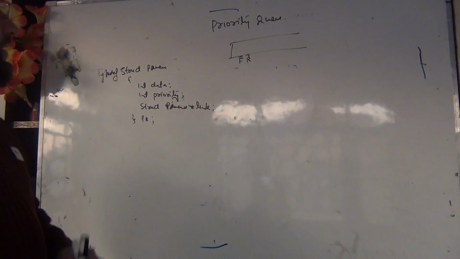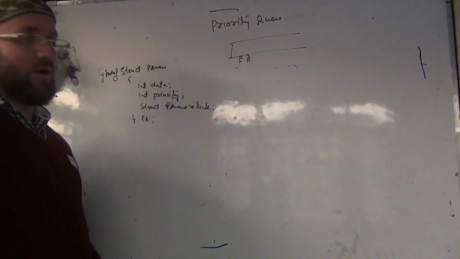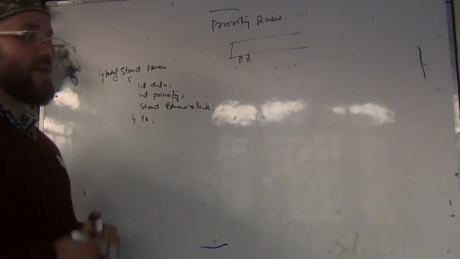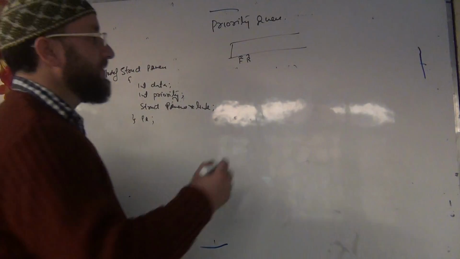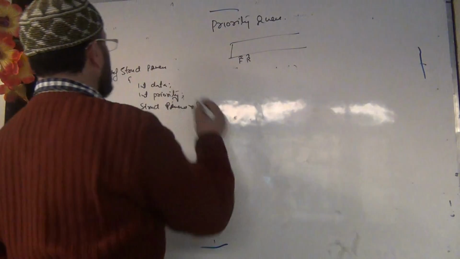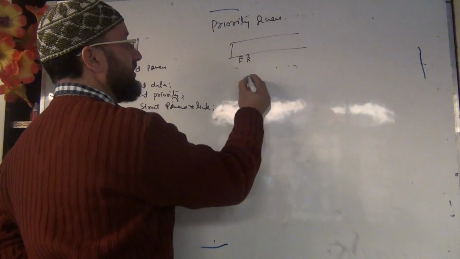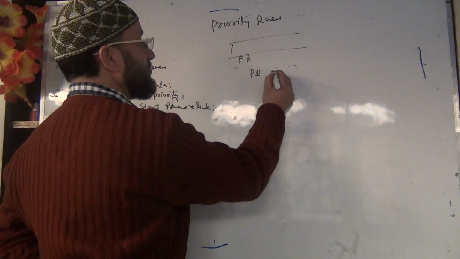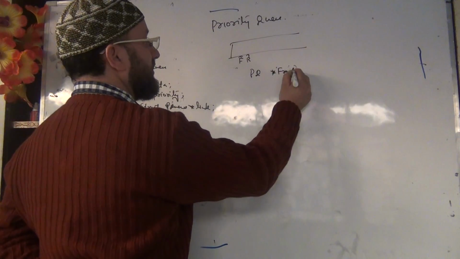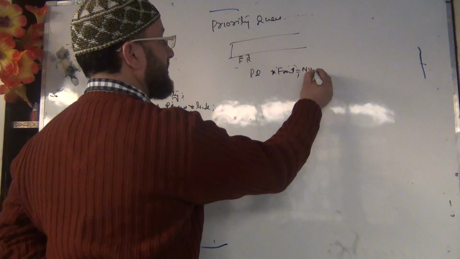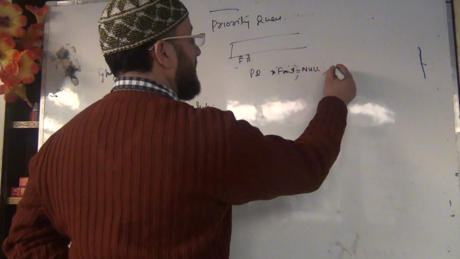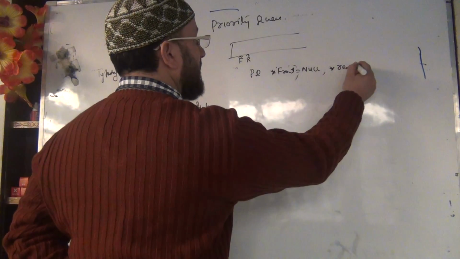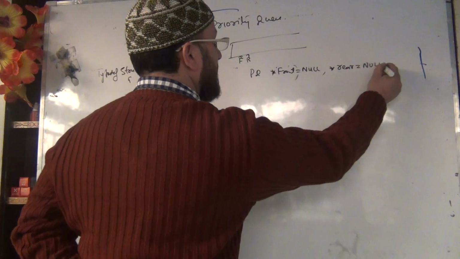Okay. Now this is my priority queue, basic structure, and we have two more things we need to have. What is that? Front and rear, of PQ type. PQ asterisk front equals null, and comma asterisk rear equals null as well.